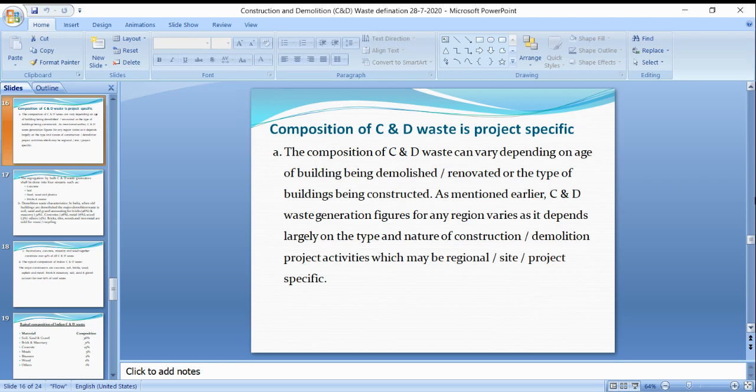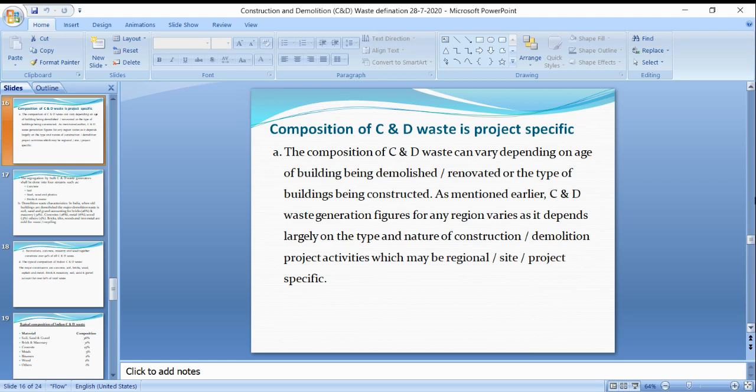The composition can vary depending on the age of the buildings, whether they are being demolished or renovated, or the type of building being constructed. So it depends upon the age of the building, any demolition or renovation that happened, or which type of building you have constructed. On that basis we will decide the composition.